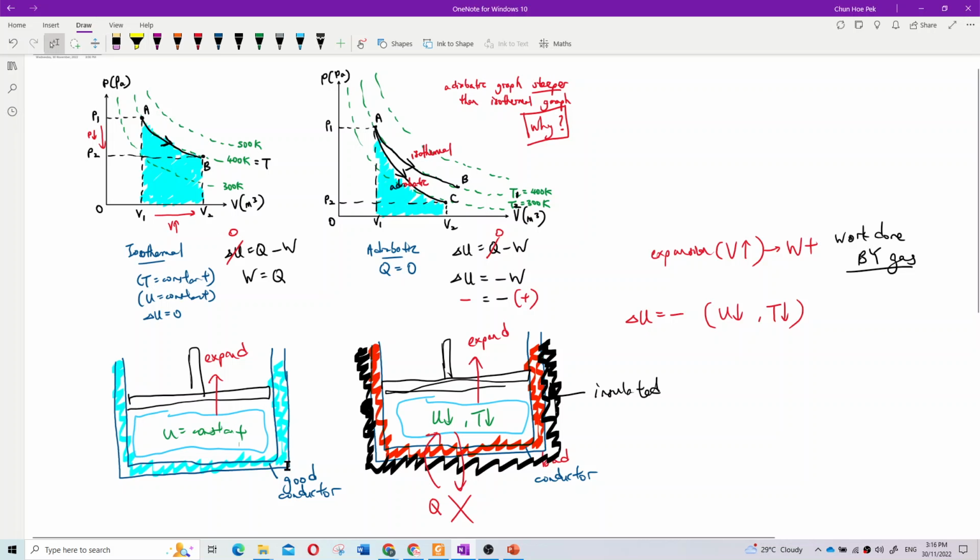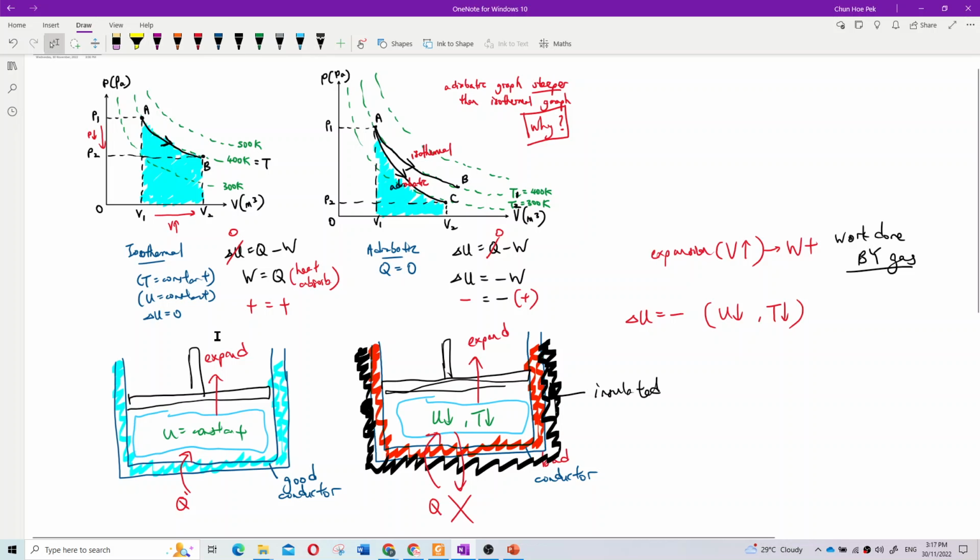You know why? Because this is a good conductor. Heat can easily go in and go out. So it's like, it doesn't use its own internal energy to expand. He used energy from outside. Let's say heat is absorbed. So Q is positive, heat absorbed. And then he used the heat absorbed to do the work.